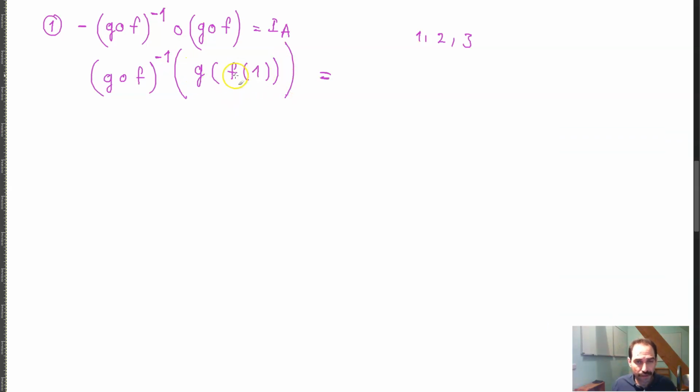So now g of f of 1, as I can see here, is equal to a. So that is the same thing as (G∘F) inverse of f of 1 is equal to a, so that is g of a. And g of a is basically apple.